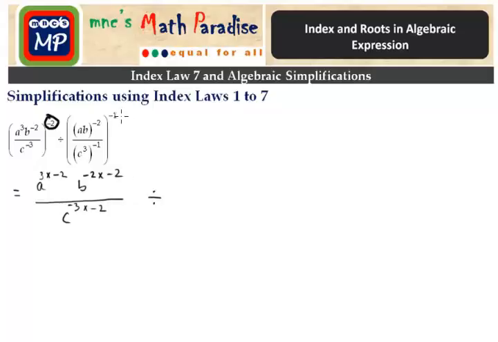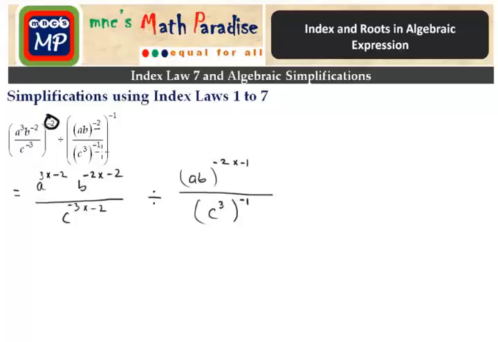Similarly, for this minus 1, we will multiply every power within its scope. So here the power is minus 2, a b to the power minus 2. We will keep a b as it is, because this minus 2's scope is a and b, and then this minus 2 we will just multiply with this minus 1, division c to the power 3, then the power is minus 1.